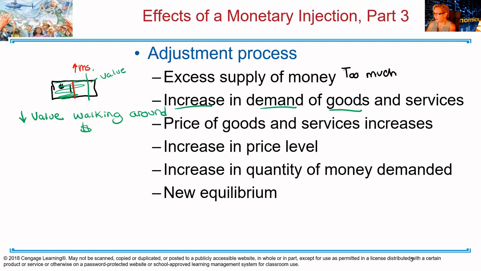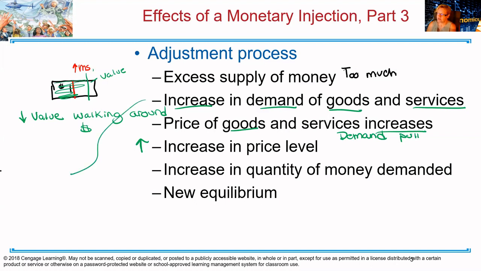Now, those goods might be capital goods, right? So the price of goods and services starts to increase. We call this demand pull inflation. That then increases the price level. Now, why would the price of goods and services increase when there's an increase in demand? This is important.